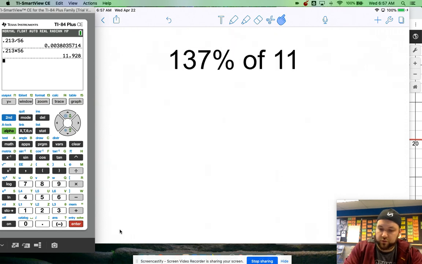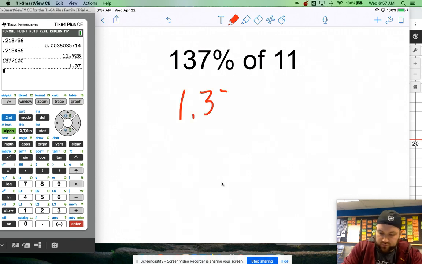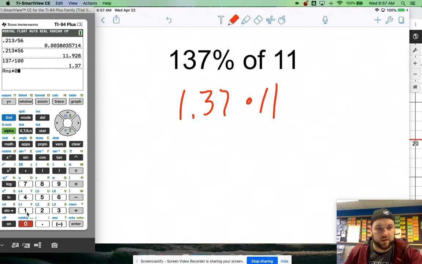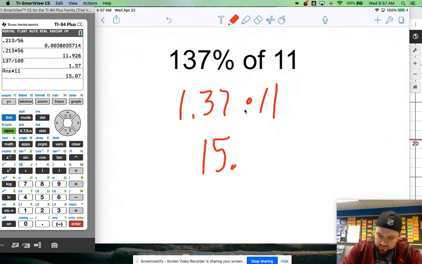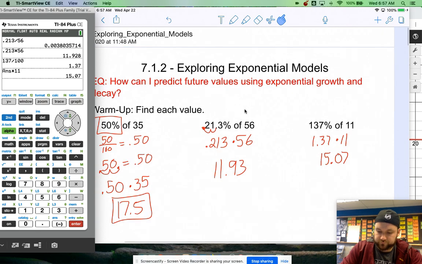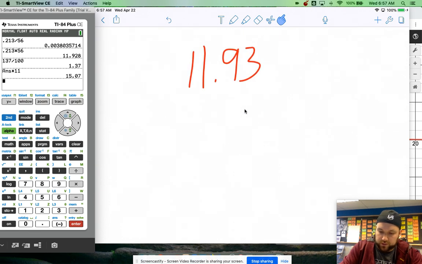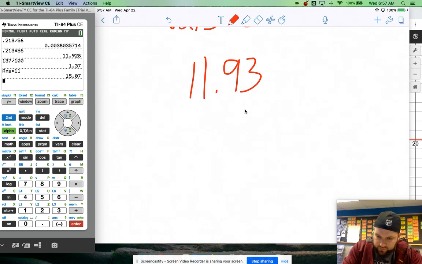And then finally, 137% of 11. If you like the other method, I can take 137% divided by 100, and that's 1.37 times 11. So times by 11, you get 15.07. Okay. This is kind of bothering me because 11.93 is not the exact answer.